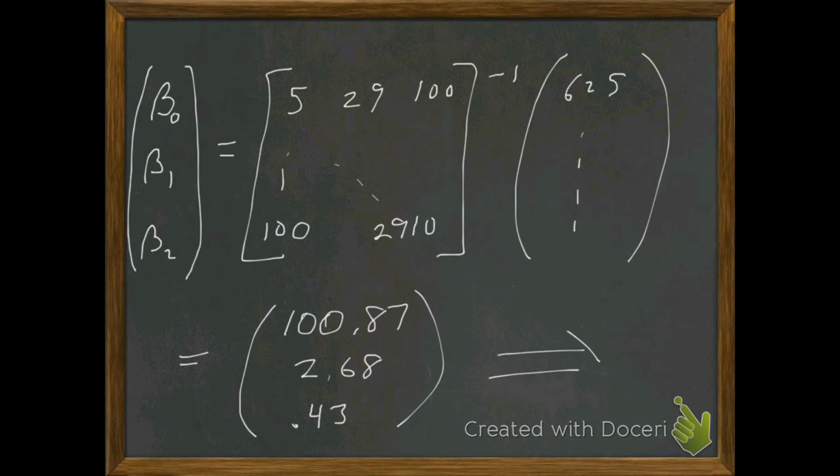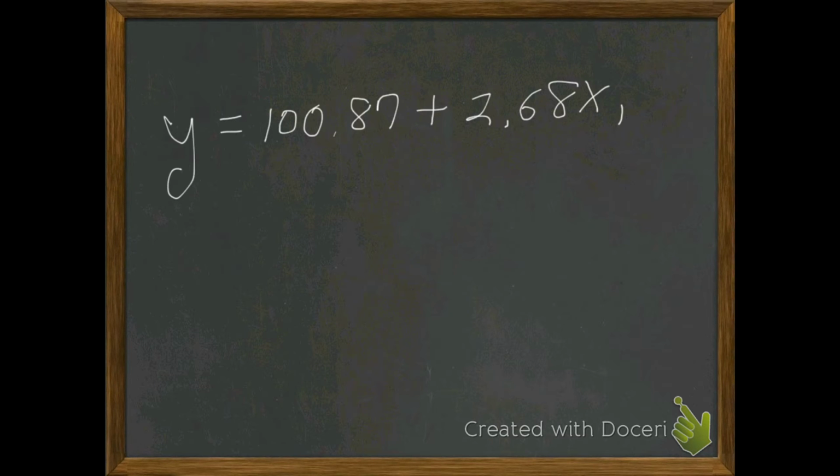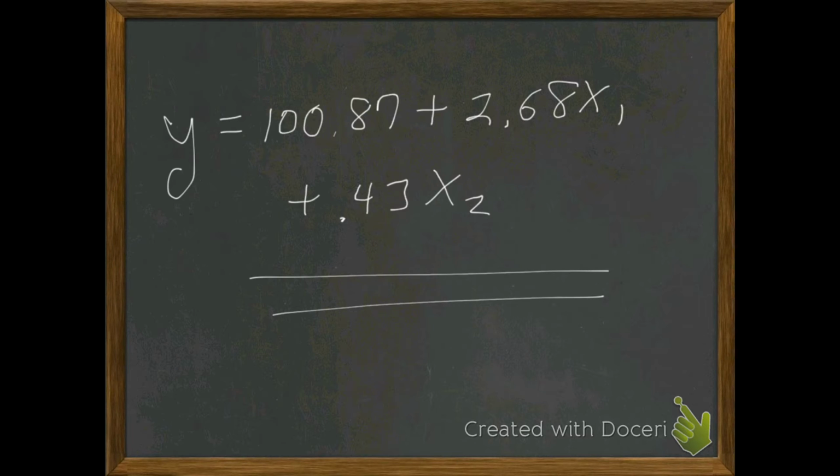So this would tell us that we would have y equals this as our model.